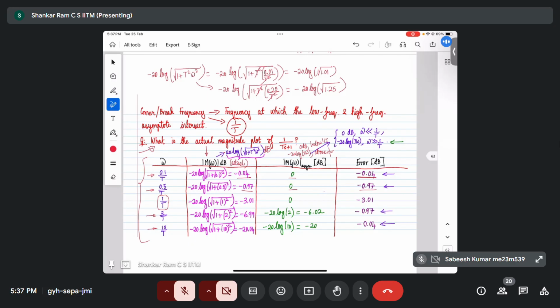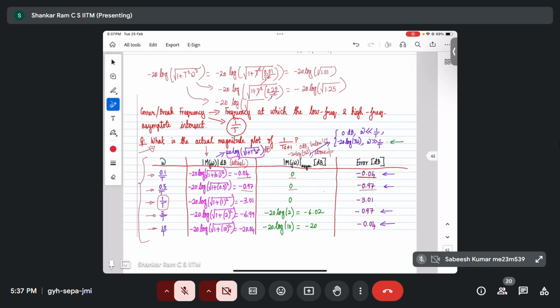This is the observation we can conclude from this. But let's proceed. Now we come to 1 by T. I hope by now you know what needs to be done, so why don't you help me here? I substitute omega equals 1 by T. What will I get?